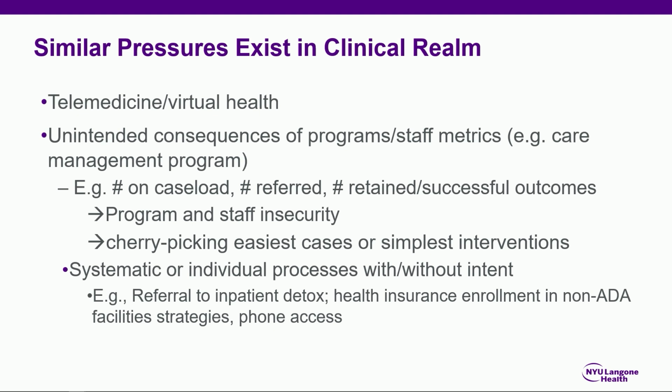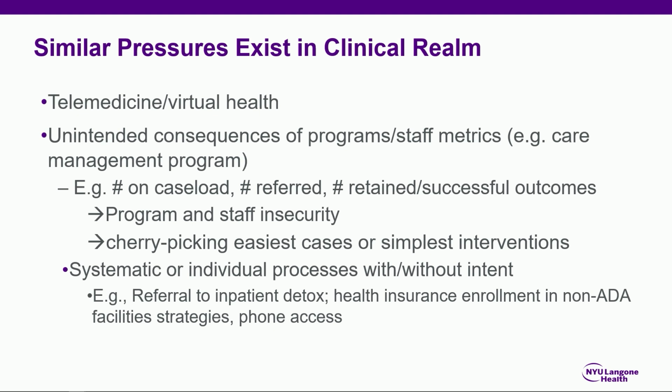And there also, really importantly, are a lot of often unintended consequences of deliverables and metrics that go with programs. So, for example, if you have a care management program that's implemented, there's going to be metrics and deliverables that they're expected to achieve, like the number on the caseload, the number referred, the different outcomes. And so there is an incentive to cherry pick the easiest cases, those where you can do a simple intervention.